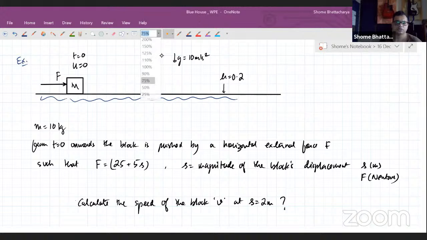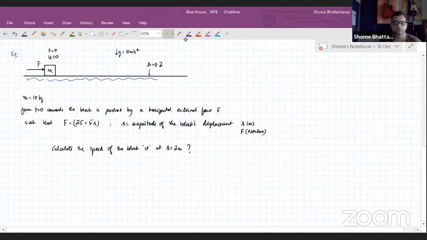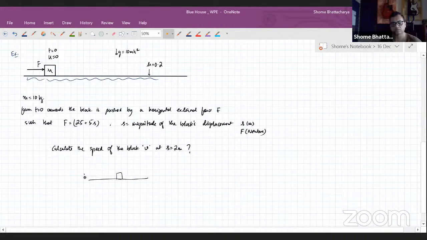Okay, so let's understand how we can do this question very easily by using work energy. As the block is moving, at any point of time when its displacement is s, what are the forces acting on it? There is the external force, there is normal reaction, there is mg, and there is kinetic friction mu n.